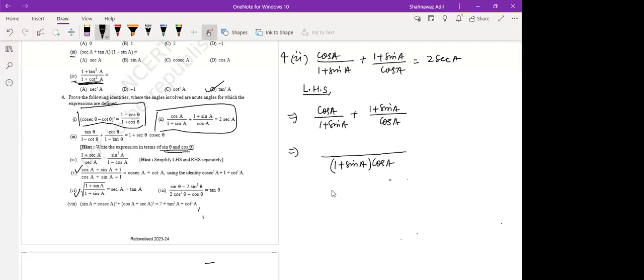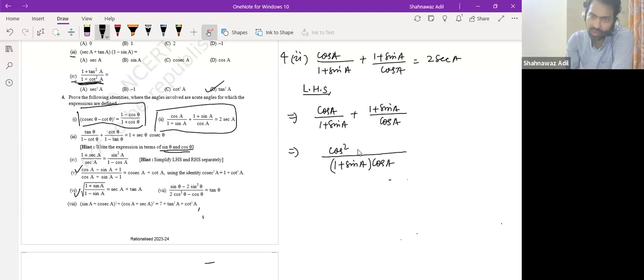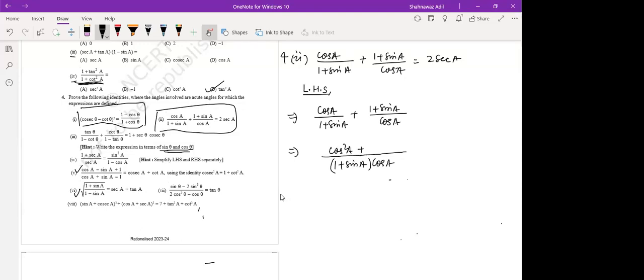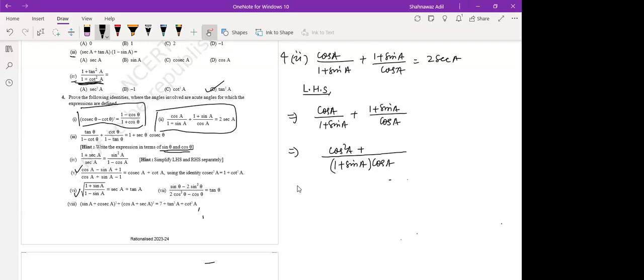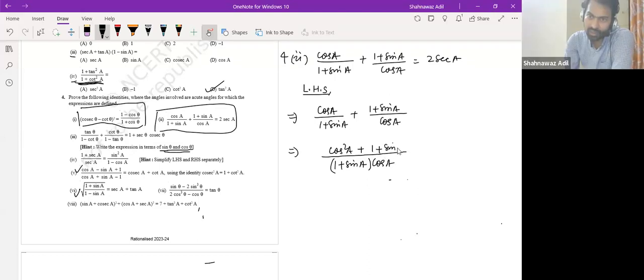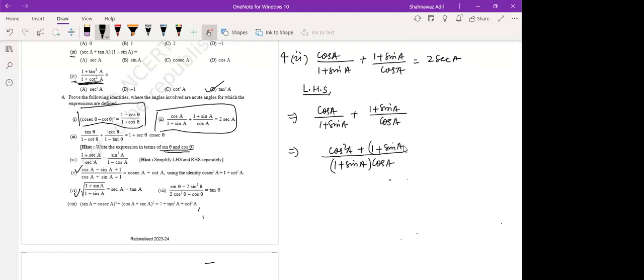Cos square A, and then 1 plus sine A whole square.